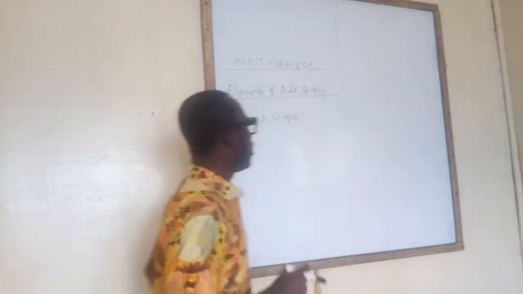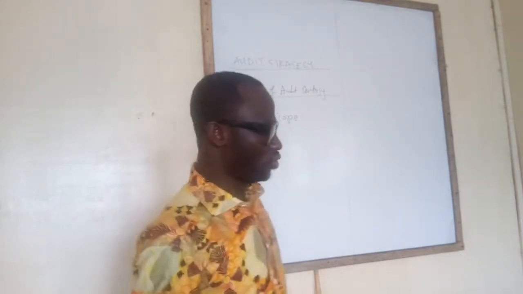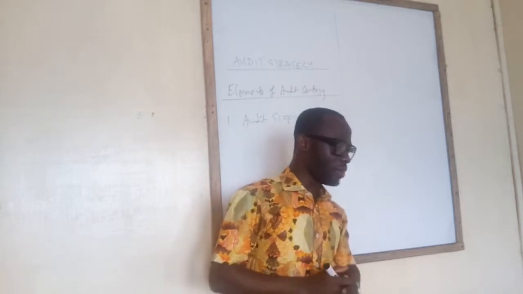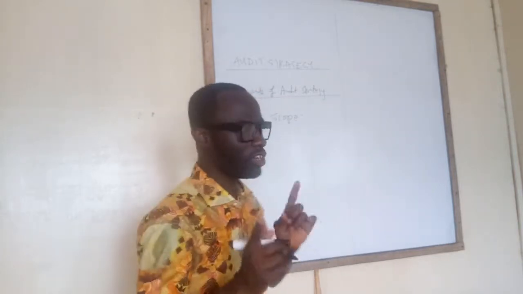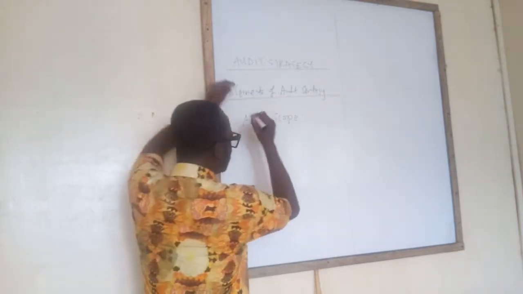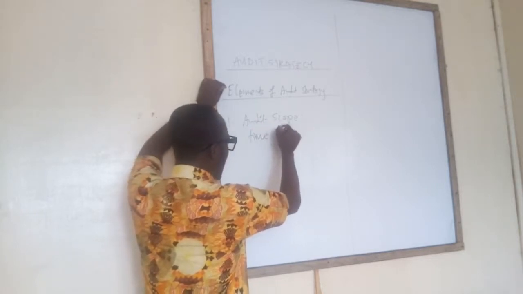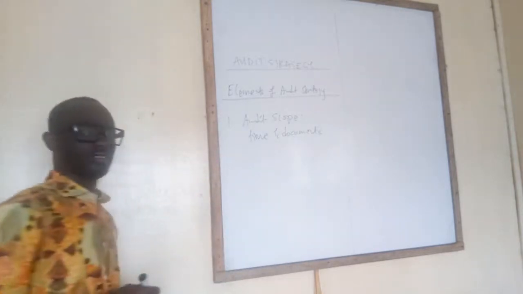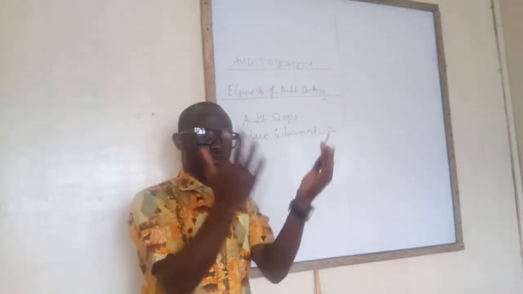Now the scope of the audit simply refers to the amount of time and documents which are involved in the audit. That is what we mean by the scope of the audit.